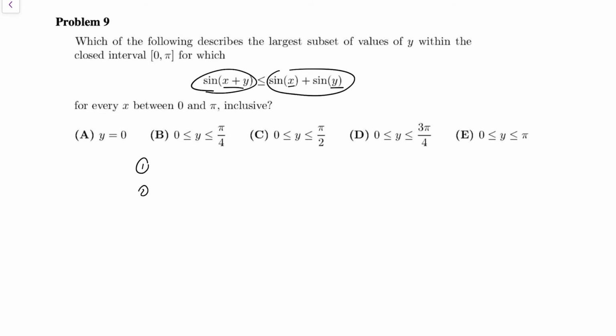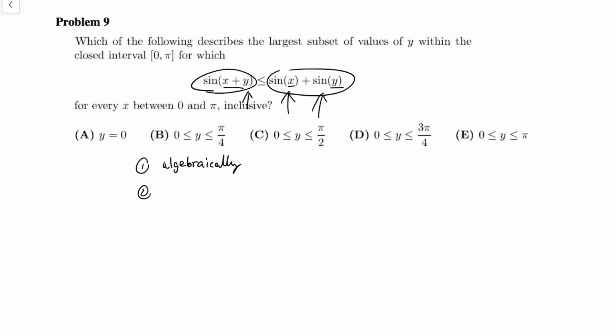The first thing you're probably thinking of is algebraically converting this to something that involves sine x and sine y, and then finding the difference between the two.